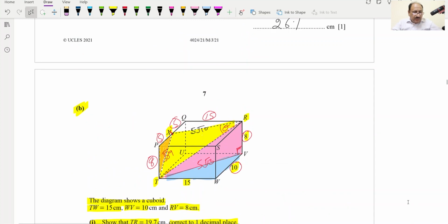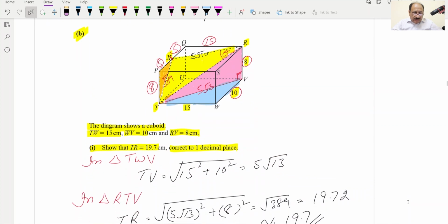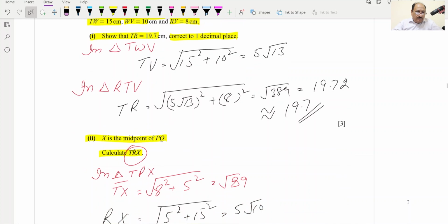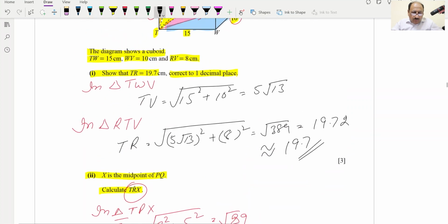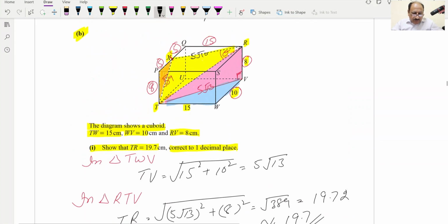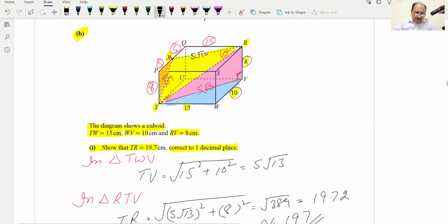Now in triangle TXR, we will apply the cosine rule. TX squared will be equal to one side squared plus the other side squared. The other side is TR, which is 19.7.